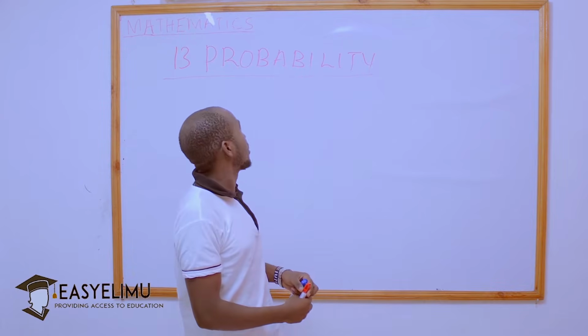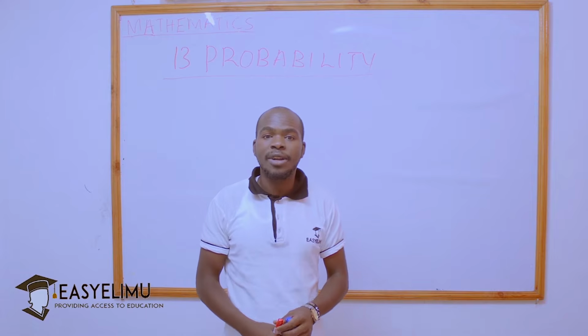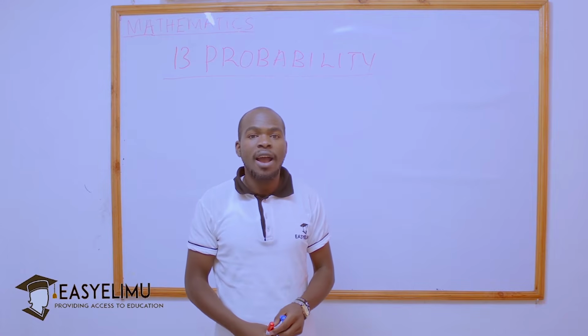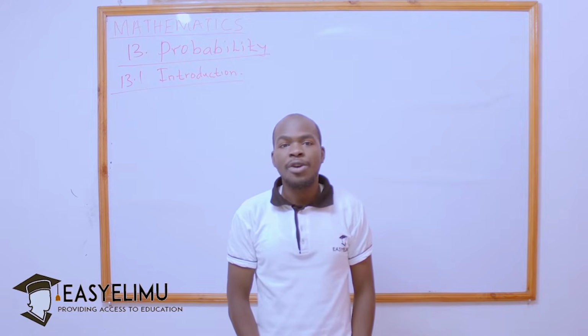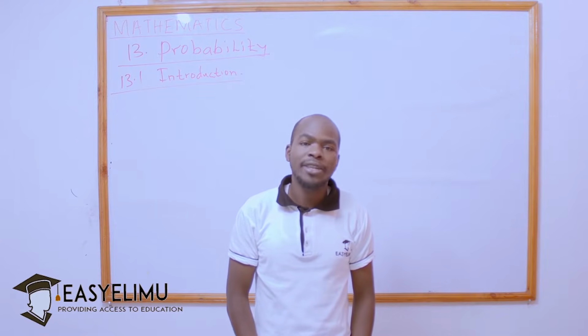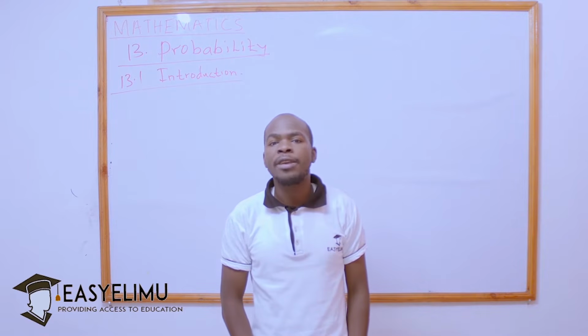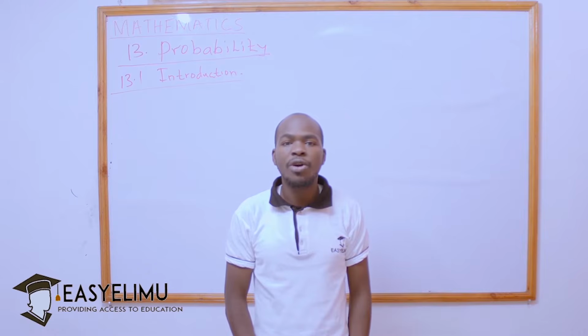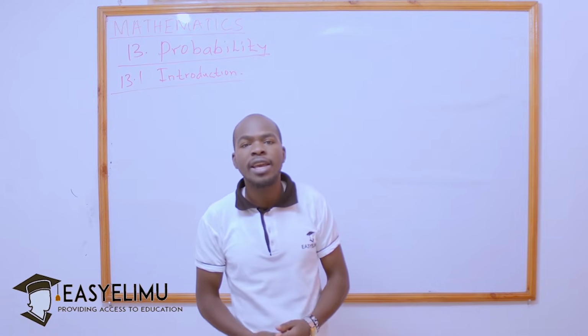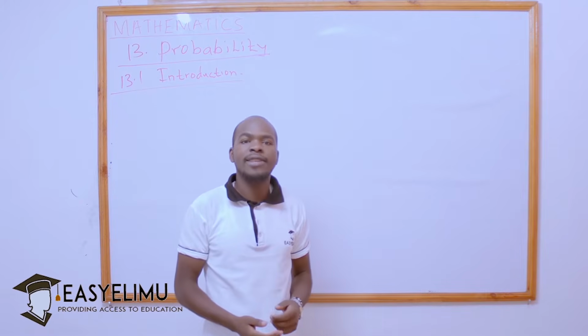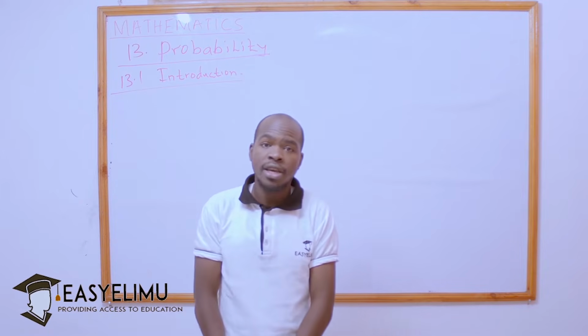We shall handle Chapter 13 of Form 3 Mathematics, probability. Please welcome. We shall start with the introduction, and in the introduction we will find out that in our daily life activities we are surrounded by events which may occur or not occur, but one may be interested in telling the likelihood or chances of that event occurring.